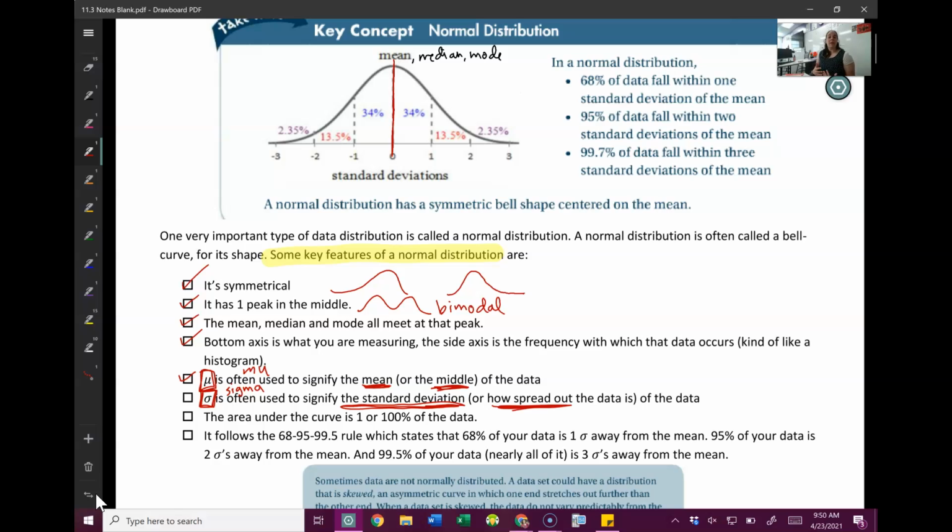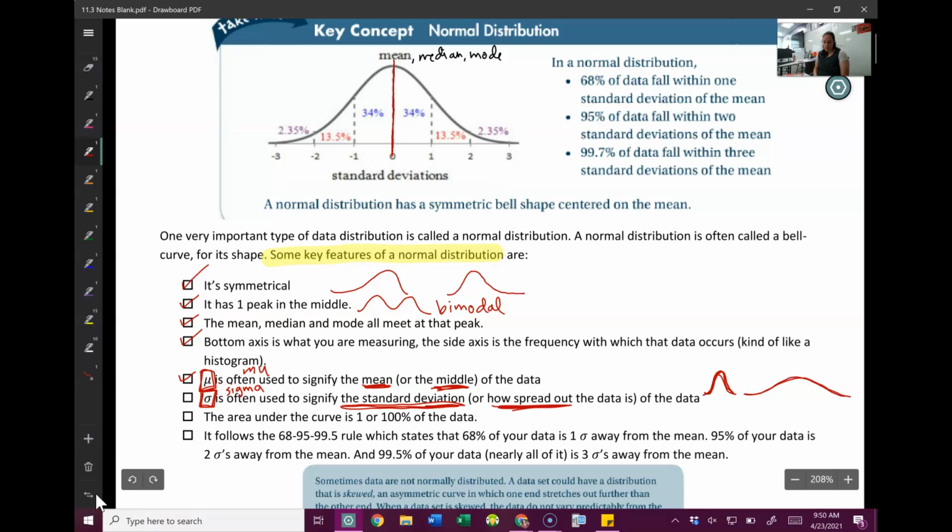So if you have a really big standard deviation, that means your data is really spread out. If your standard deviation is really small, it means your data is really close and clumped together. And it gives you things like this versus like this. So this would be a small standard deviation because all the data is clumped really closely together.